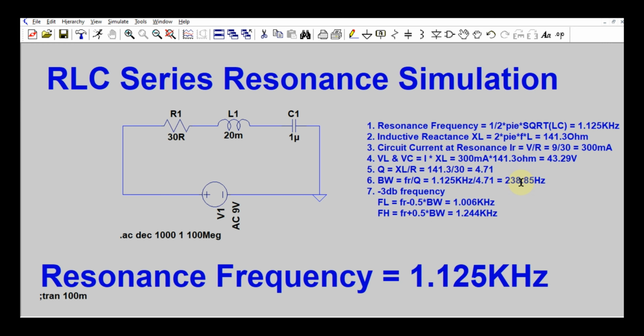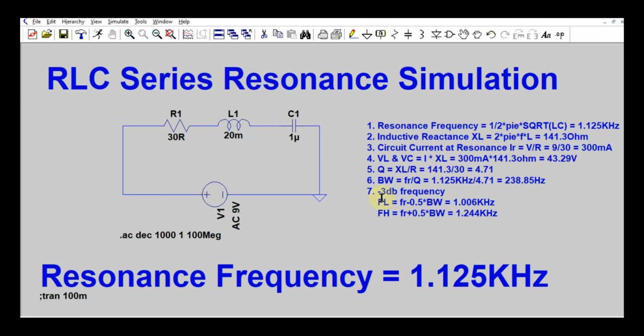So don't worry, I will show this also in the simulation waveform. Here we are calculating theoretically, and then we will verify in the simulation whether these values are matching with the simulation results or not. So don't worry about that.